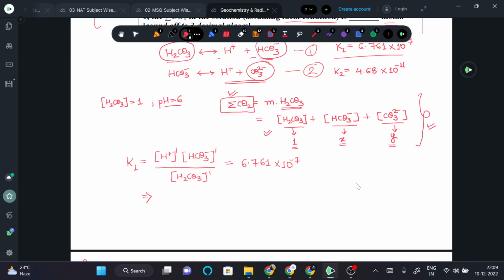H plus will be 10 to the power minus 6, right? H plus concentration is nothing but 10 to the power minus pH.